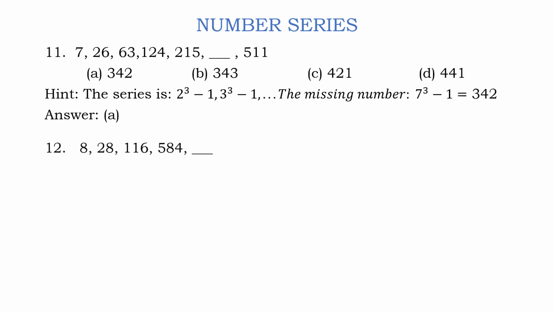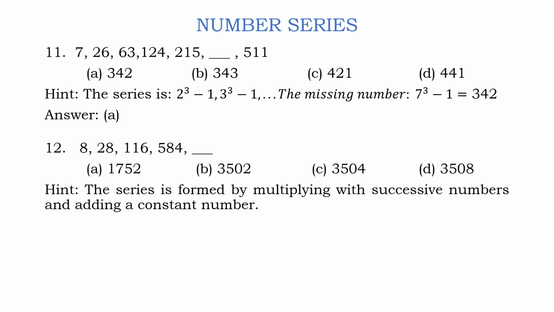Next, 8, 28, 116, 584. Here, let us check the logic. The series is formed by multiplying with successive numbers and adding a constant. So 8, then 28: 8 threes are 24 plus 4 is 28.